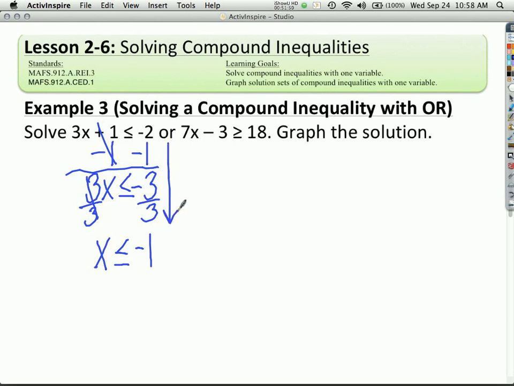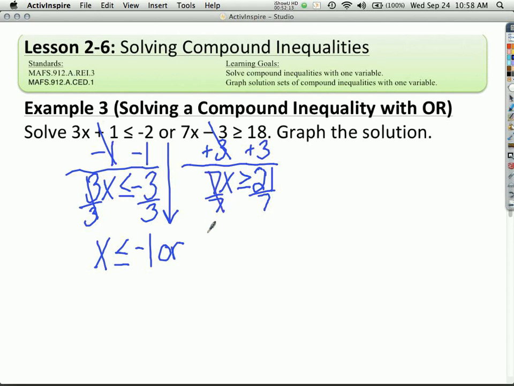Bring down the word or. Or, now solve this. Yudesh already got us started. Add 3 to both sides. That cancels. We're left with 7x greater than or equal to 21. Bless you. Divide both sides by 7.